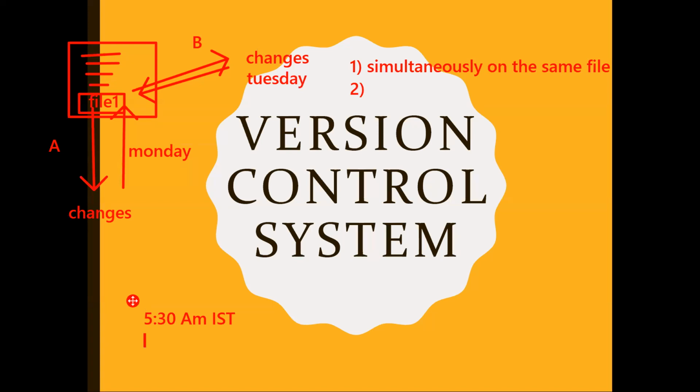So I need a system which can have detailed logging, showing that person A made changes to file 1 on line number 9 at 5:15 a.m. This kind of detailed logging, including the timestamp, the file name, and what change he made.